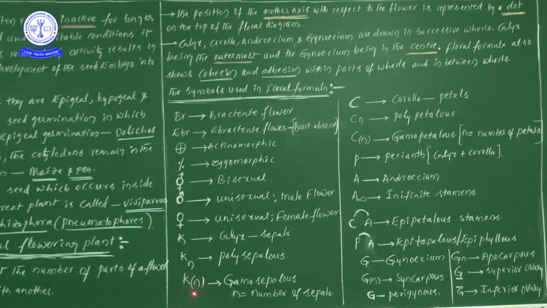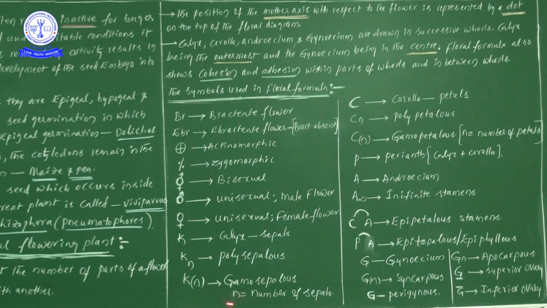Next, here N is within the bracket. That symbol indicates the gamosepalous condition. K is nothing but calyx, which consists of sepals. Here K with N within brackets indicates the gamosepalous condition.